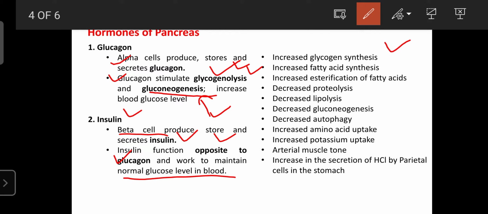Insulin is also involved in proteolysis, it can decrease proteolysis, the breakdown of proteins, and also it decreases lipolysis, the breakdown of lipid. It can also decrease gluconeogenesis, the formation of glucose from non-carbohydrate sources, and it can decrease autophagy.